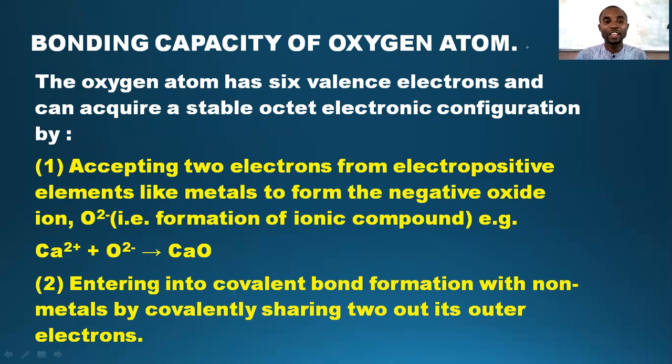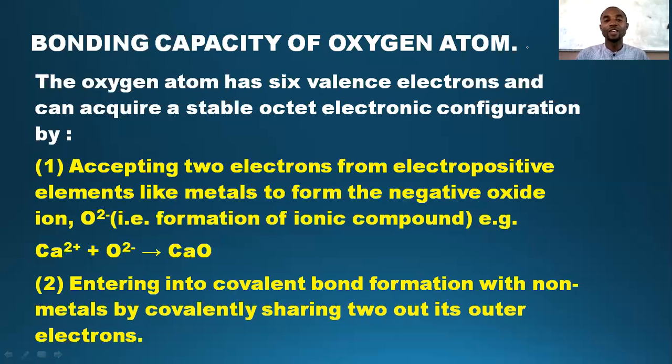Bonding capacity of the oxygen atom. How does it bond? Generally, oxygen has 6 valence electrons and can attain an octet electronic structure when it receives electrons, by, number one, accepting 2 electrons.